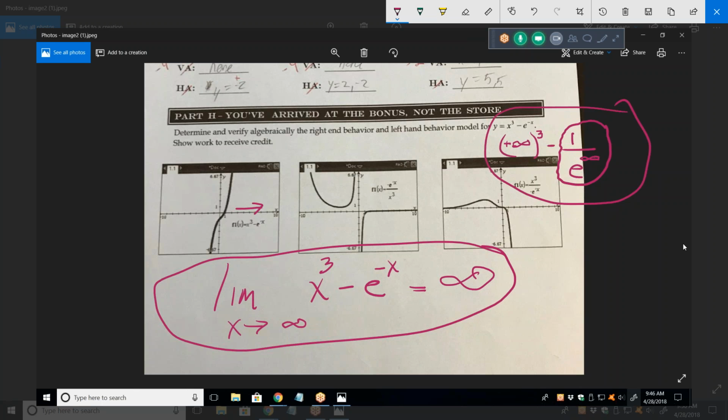Now let's substitute negative infinity. Since I'm substituting negative infinity, I can write that like that.